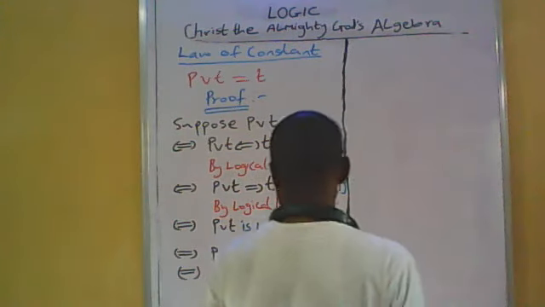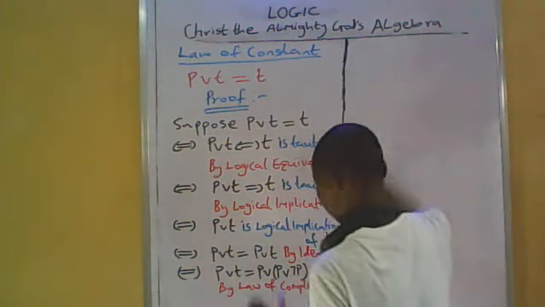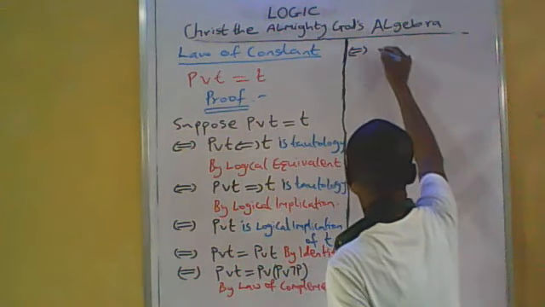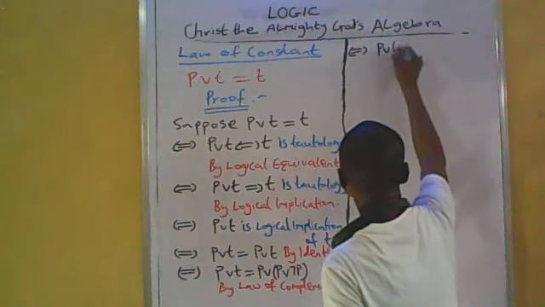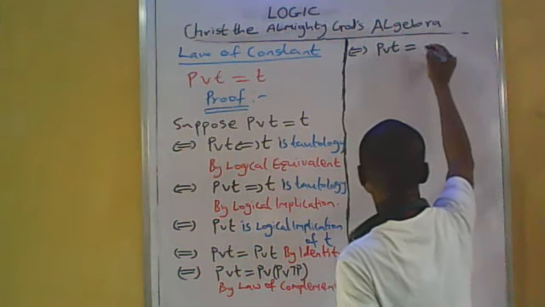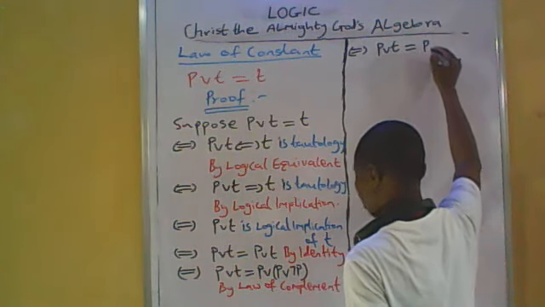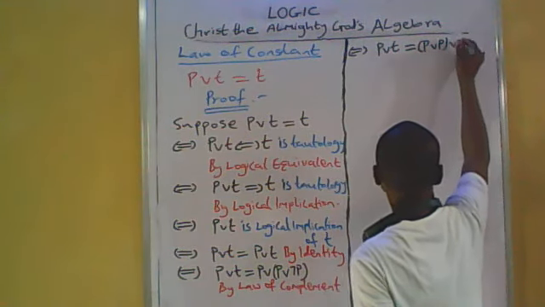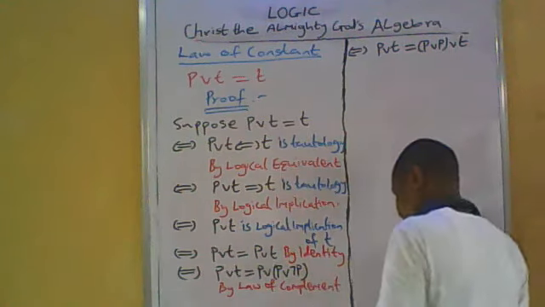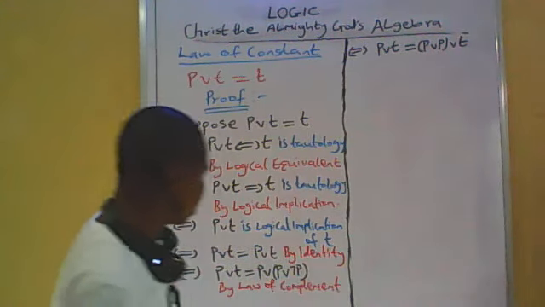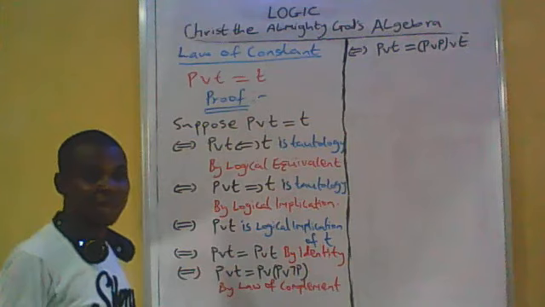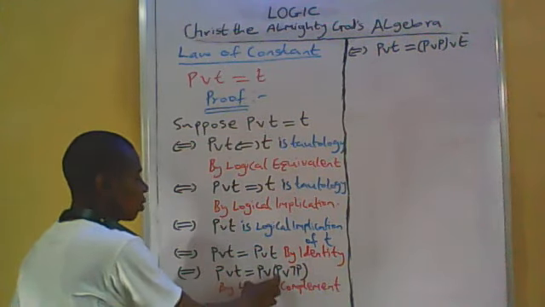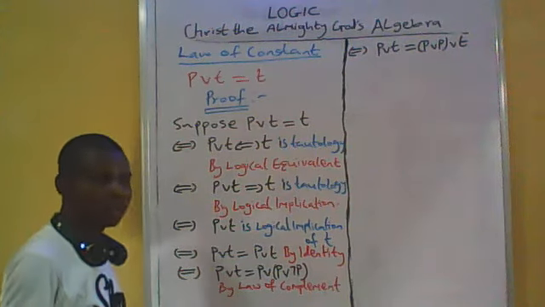Say if and only if P or T is equal to P or P or T. You see that you have now associated P or T by law of associativity.